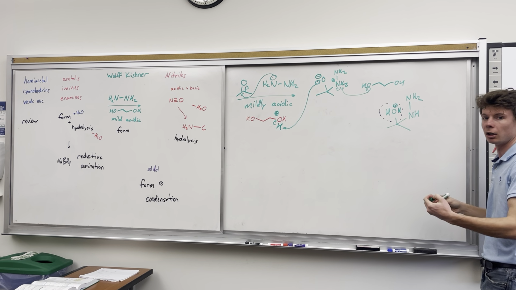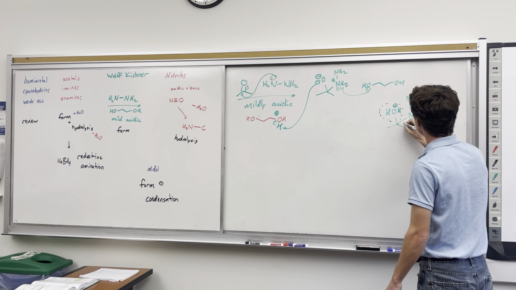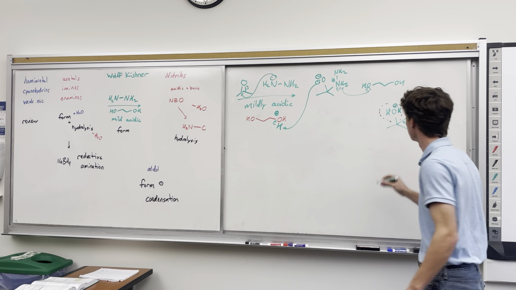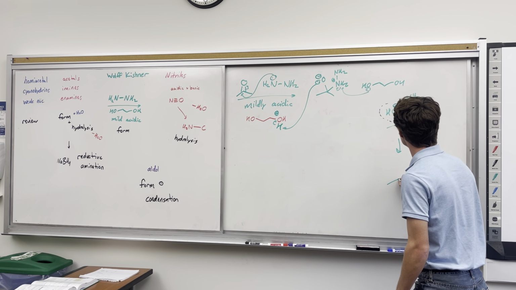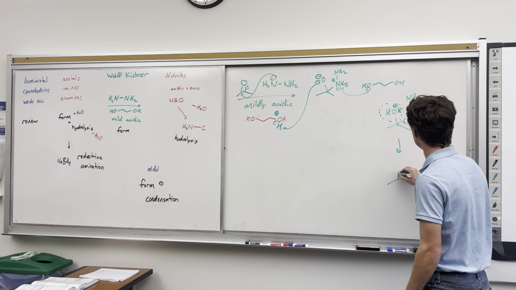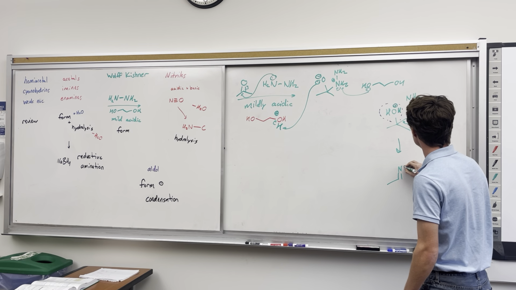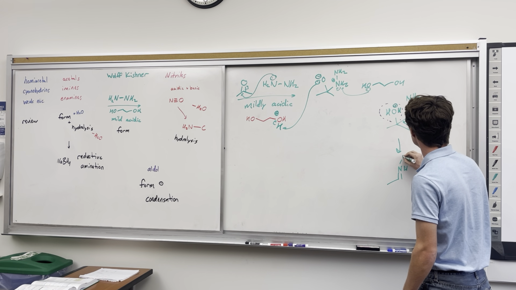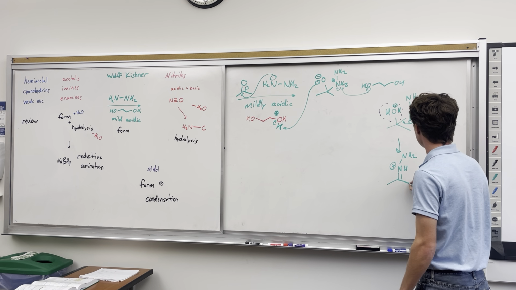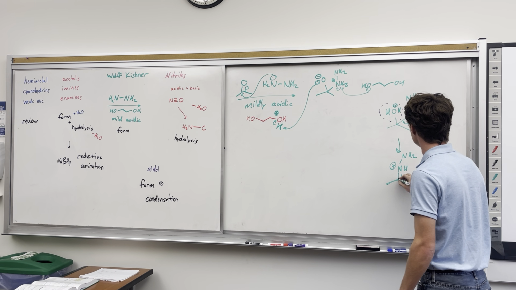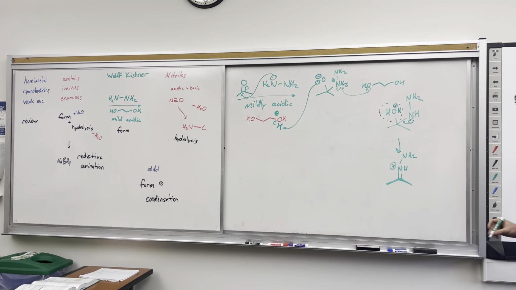And how are we going to kick it off? Double bond, which makes sense because we want to make an imine. So combining a couple steps there. Water leaves, double bond to nitrogen. Like that. Positive charge there, okay?